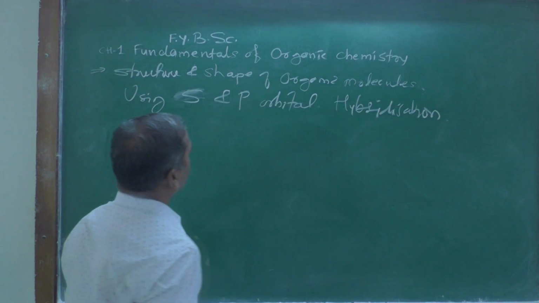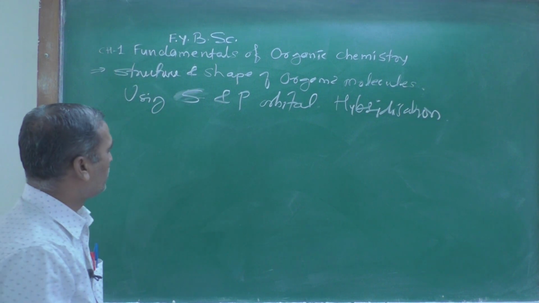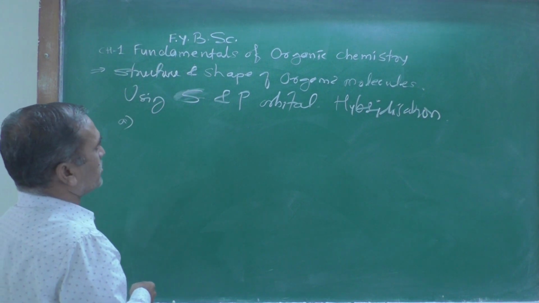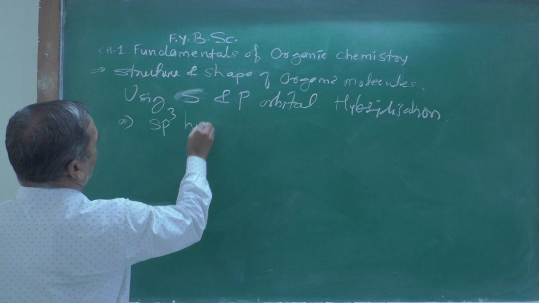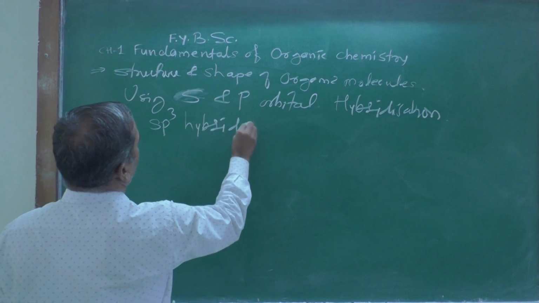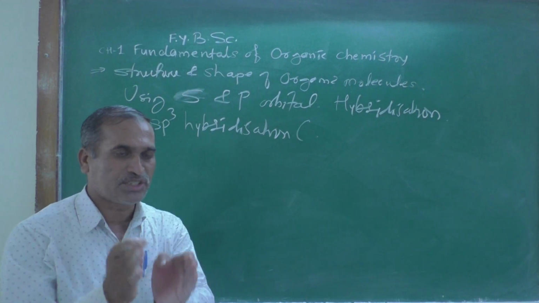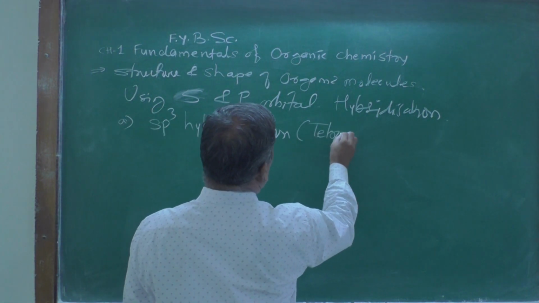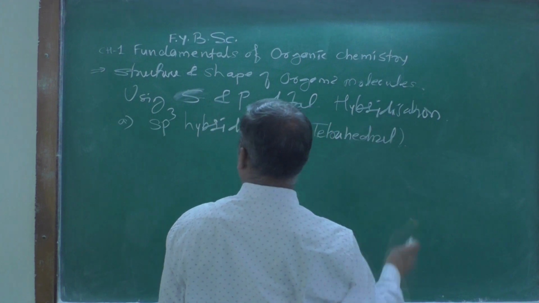By combining s and p atomic orbitals, generally we get, number one, sp3 hybridization, which has a definite geometry, that is a regular tetrahedral geometry.